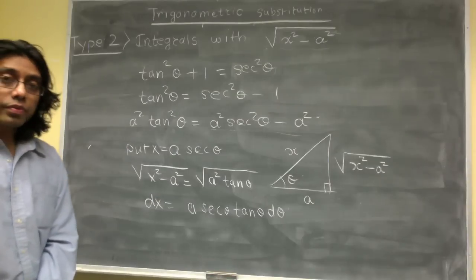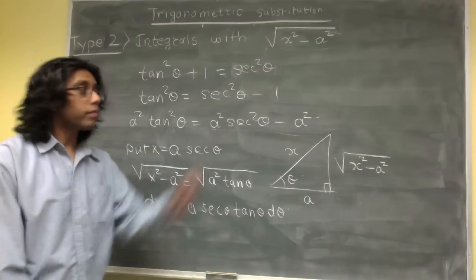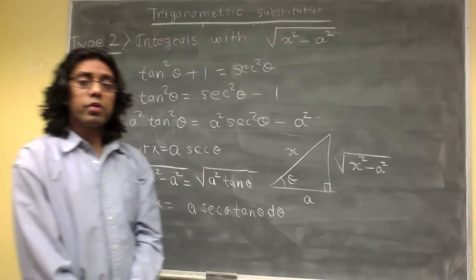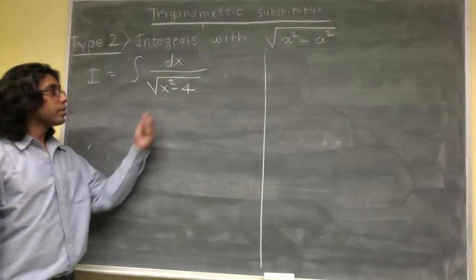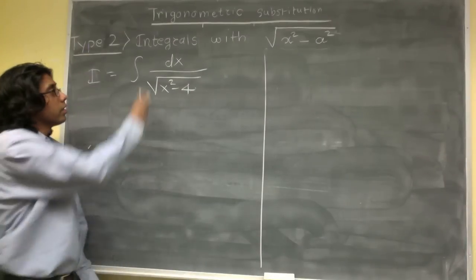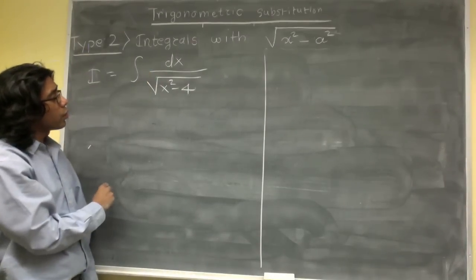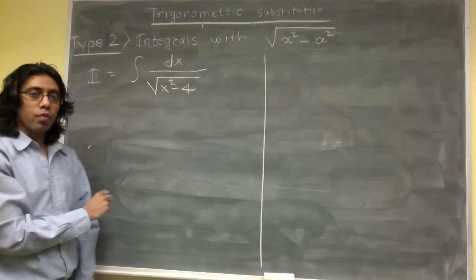So let us solve a problem involving a term square root of x squared minus a squared. Suppose we have to solve this problem, the integral of 1 over square root of x squared minus 4.